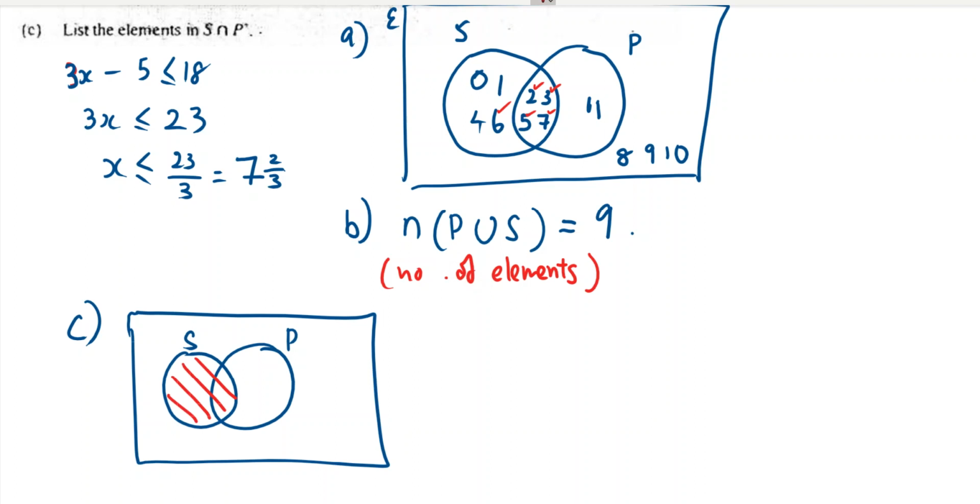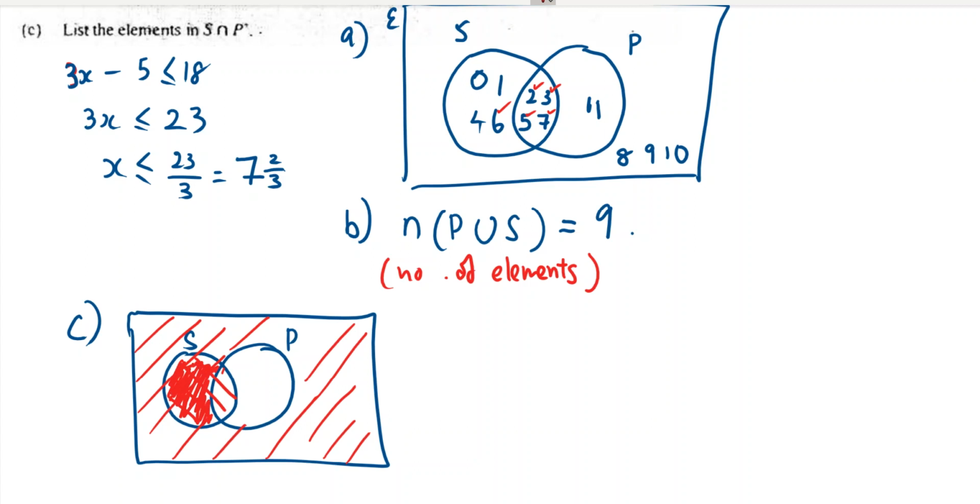So this is where I shade S totally. Next, shade where P prime is. P prime means not inside P, so it has to be outside of P. Can you see I shade it in a different manner? This is the place not shaded. So where is the place where the upward cross and the downward cross intersect? It is this area. So that is S intersect P prime.